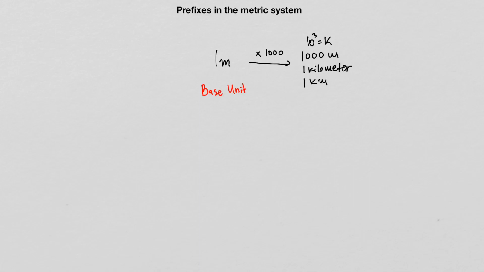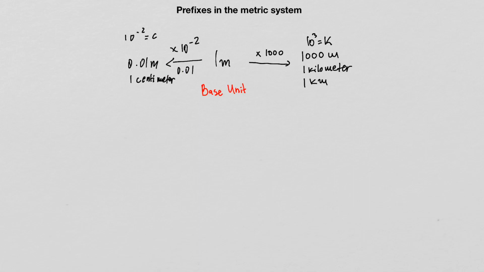So that's a multiplication here by 10 to the third power. I can also multiply by a negative power of 10. Let's see what we get then.